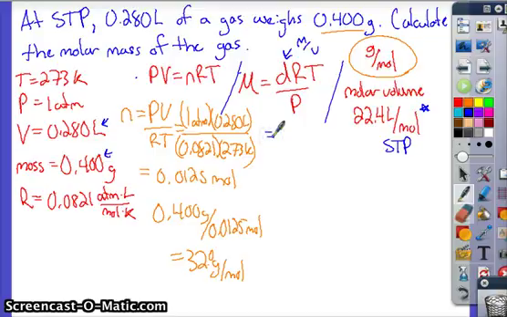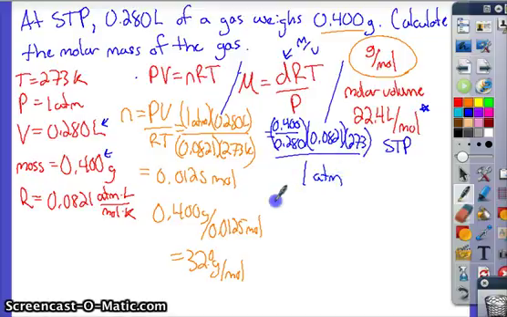You can take your mass, 0.40, divide that by your volume, 0.280, multiply that by your R value, multiply that by your temperature, divide that by your pressure of 1 atmosphere, and you're going to get a molecular mass of 32.0 grams per mole.